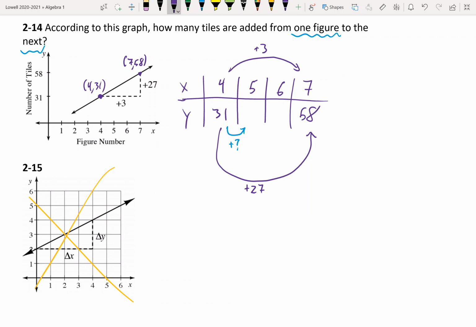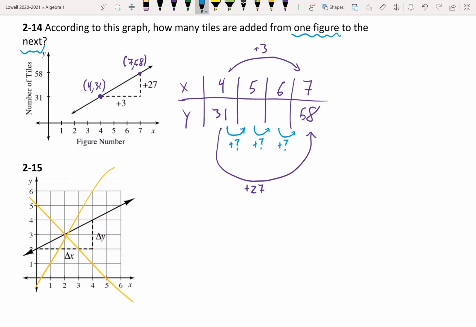Now here's the question. How does a line grow? If we remember, we know that a line grows constantly or consistently. So whatever this question mark is here, that same question mark has to be the number of tiles to get from 5 to 6, and also the number of tiles from 6 to 7.